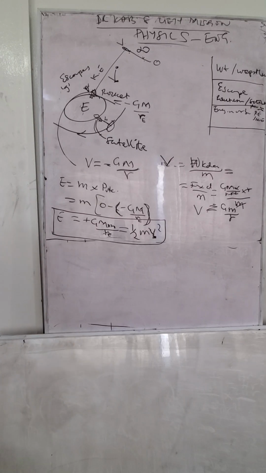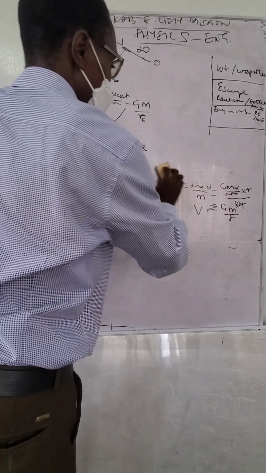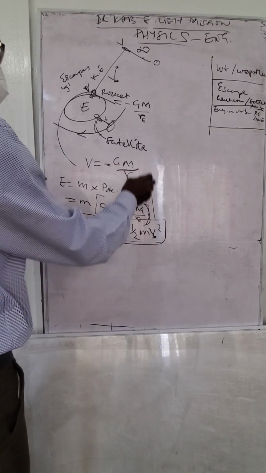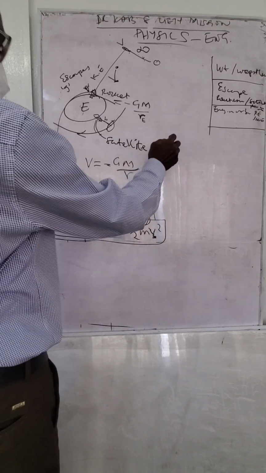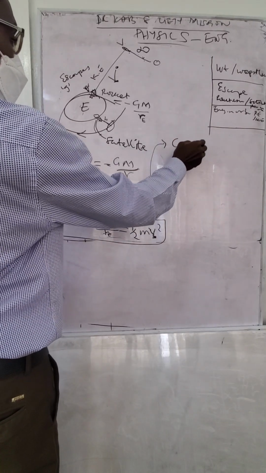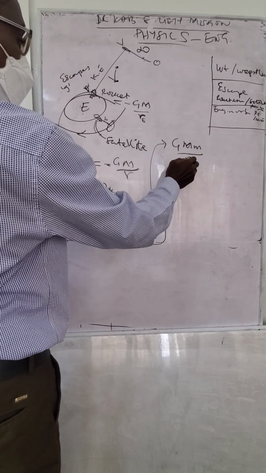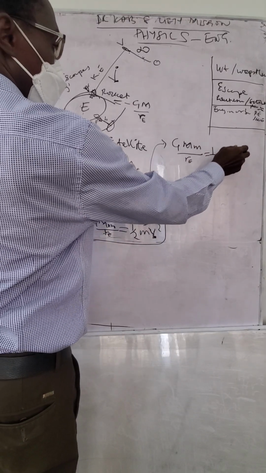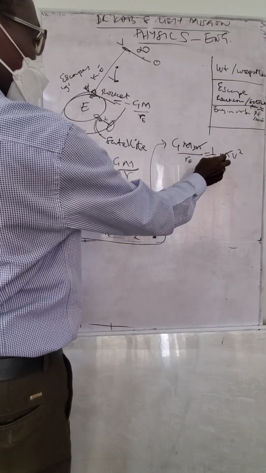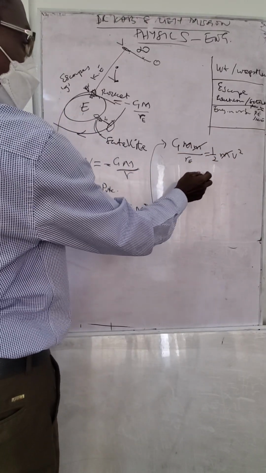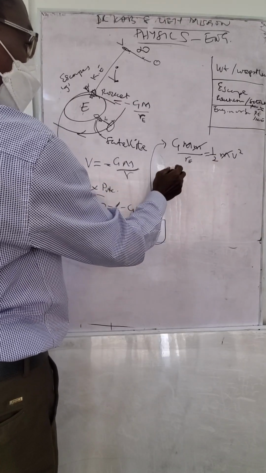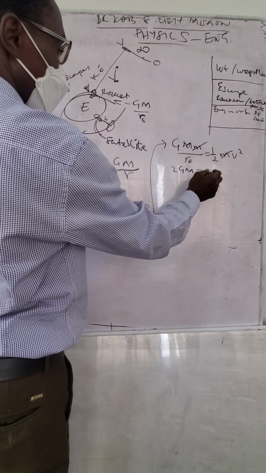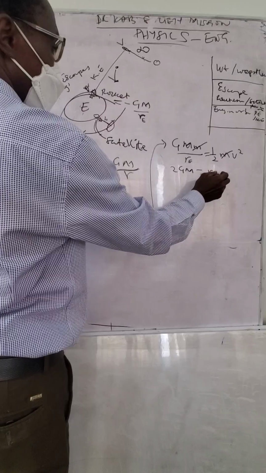Okay, so let's see how that will work out. From here, I'm going to have GMm over R_E is equal to half mv squared. So this m will cancel this. Then let's rearrange: 2GM is equal to R_E times v squared.